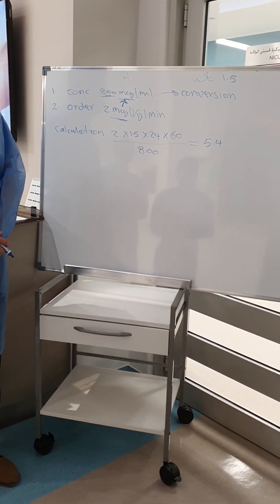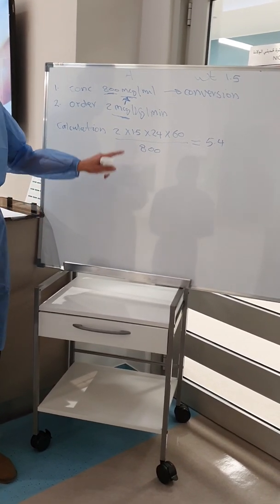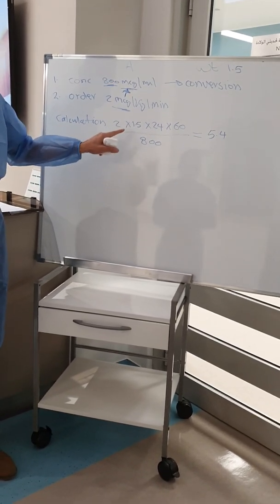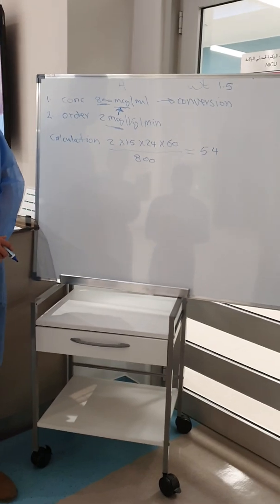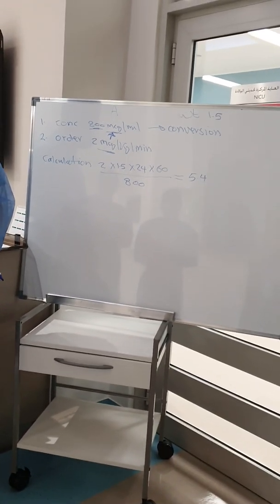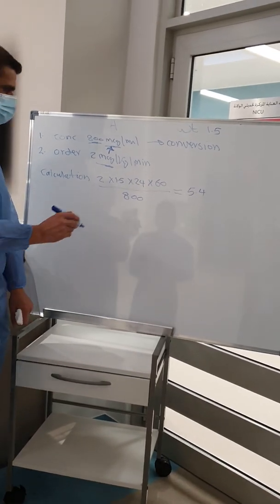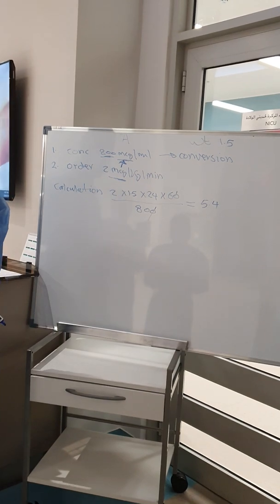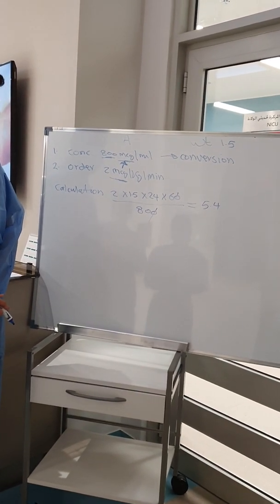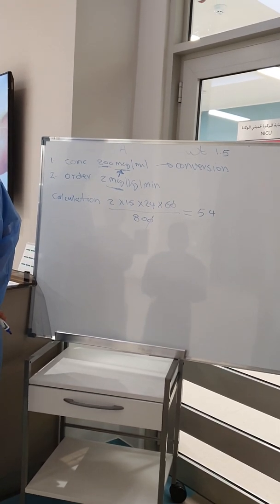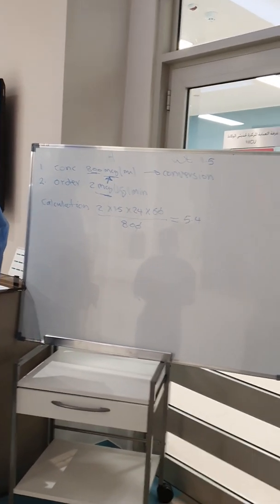Something wrong? What is your weight? 1.5. So 2 times 1.5 is 3, 3 times 24, times 60. If we remove the rest and just multiply, yes, really, you have 5.4.